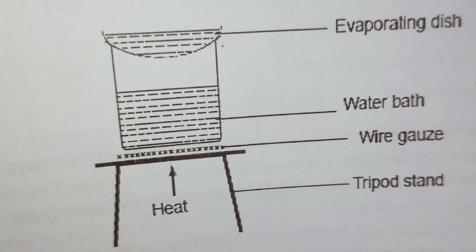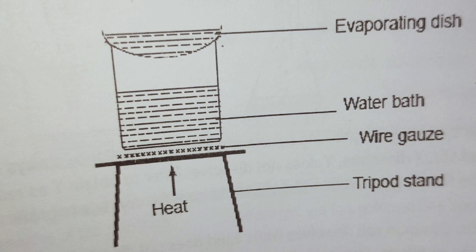Now we have a setup for evaporation there, whereby you see the evaporating dish where the solution being evaporated is placed. Then we have water in a beaker which forms the water bath, and heating takes place at the bottom there.